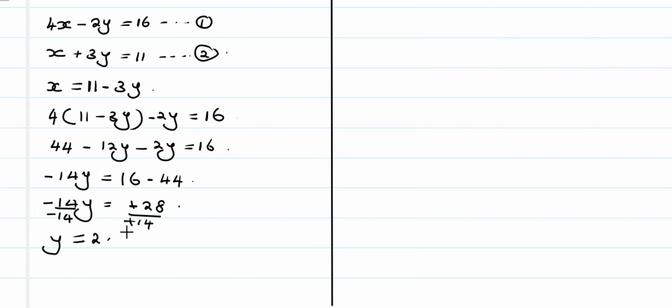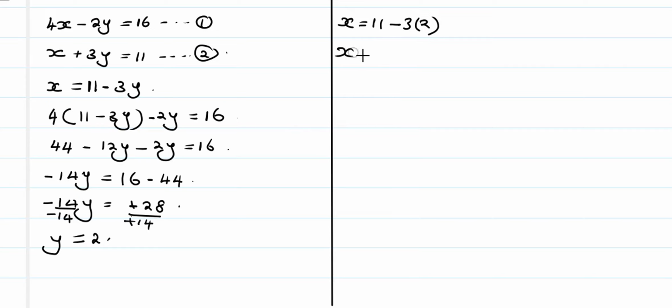But then, what is the value of x? We already knew x from the second equation was 11 minus 3y. So I can say x equals 11 minus 3, but we already know y is 2, so minus 3 multiplied by 2, because here it is 3y.